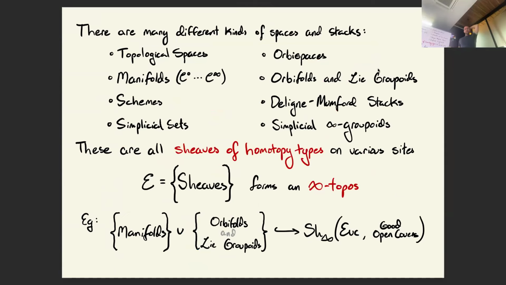As an example, if instead of taking sheaves of sets on Euclidean spaces, we take sheaves of homotopy types on Euclidean spaces, we include fully faithfully not just the manifolds, but also their higher dimensional analogs like orbifolds and Lie groupoids and other cool stuff like that.